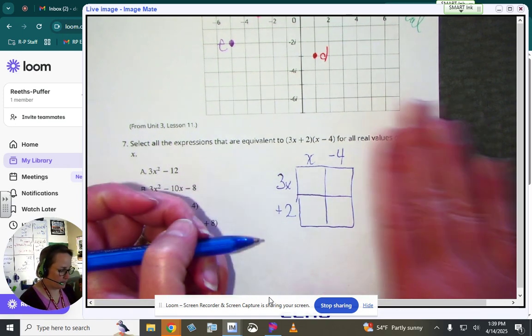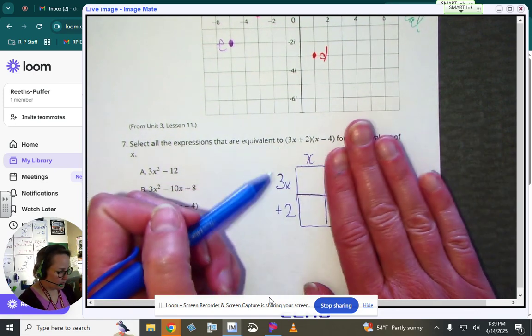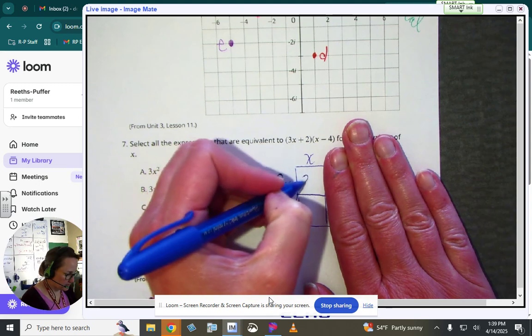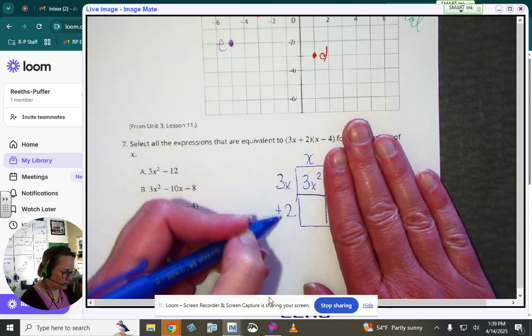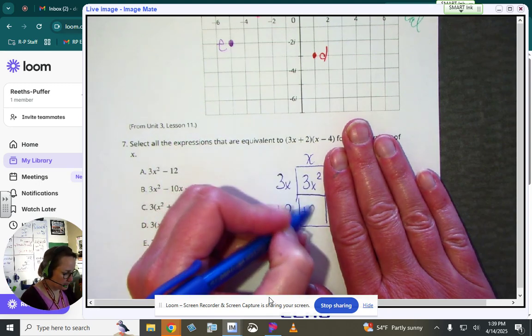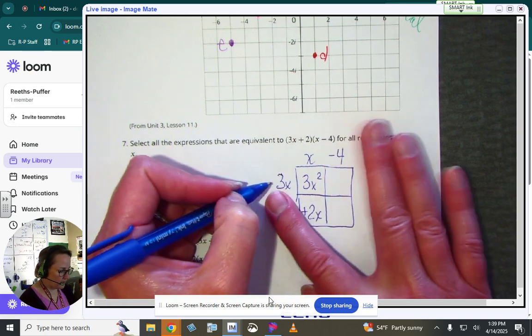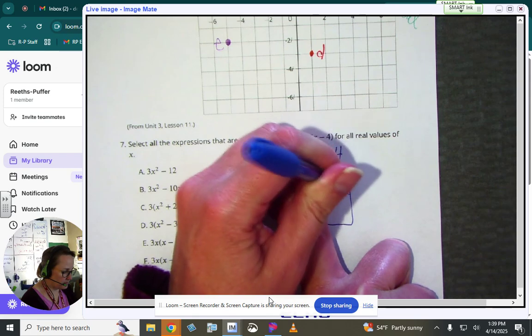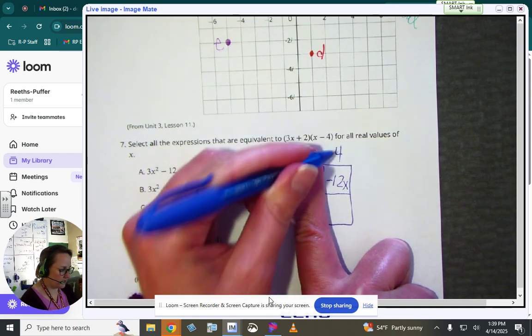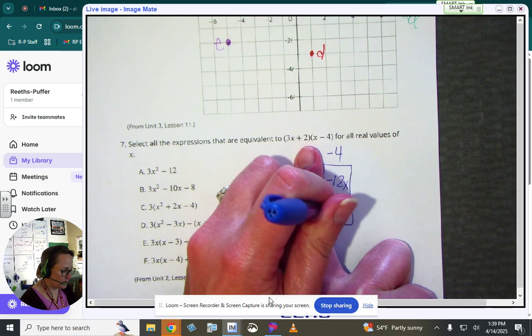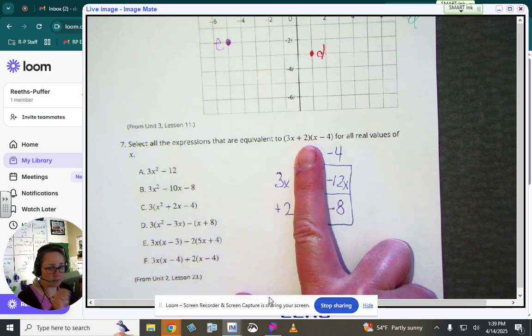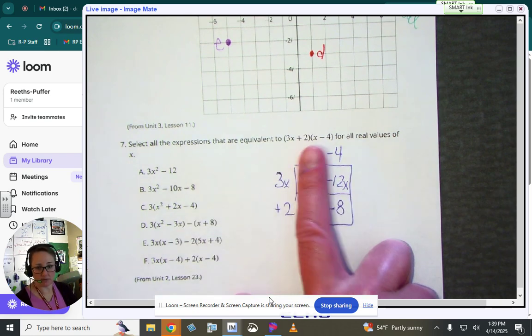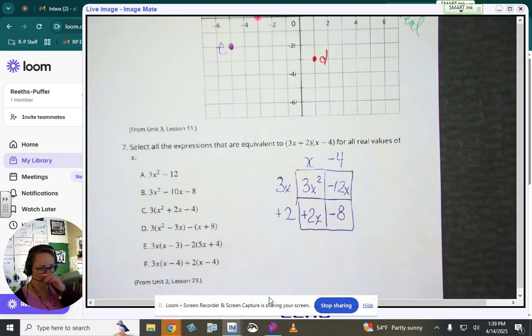That's kind of cool because it's the same thing. So 3x times x is 3x squared. 2 times x is a positive 2x. 3 times a negative 4 is a negative 12x. 2 times a negative 4. Remember, every single one of these I'm multiplying. So multiply, multiply, multiply, multiply to fill all 4 boxes. That's a negative 8.